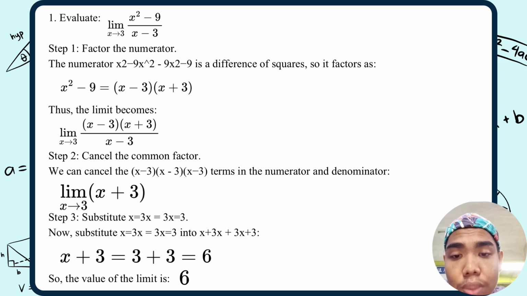Step 2. Cancel the common factor, so x minus 3 can be cancelled. So it becomes the limit as x approaches 3 of x plus 3. Step 3. Substitute x equals 3. Now, x plus 3 equals 3 plus 3, which equals 6.